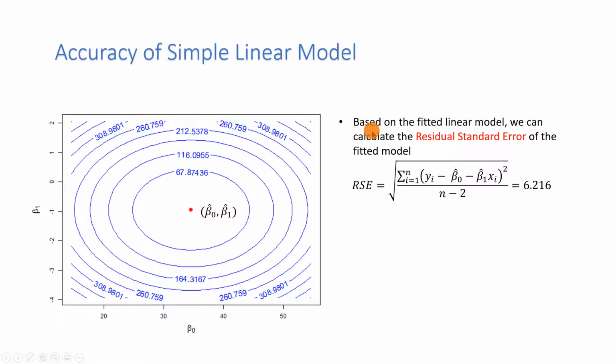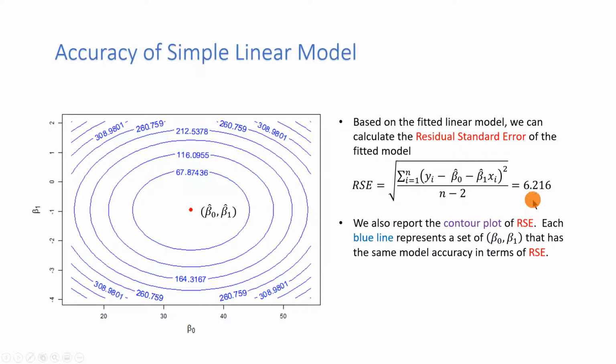Okay. So based on the fitted model, we can calculate the residual standard error. If we input beta 0 hat and beta 1 hat over this random sample x_i and y_i, we can calculate our residual standard error by this equation here, which is 6.216.